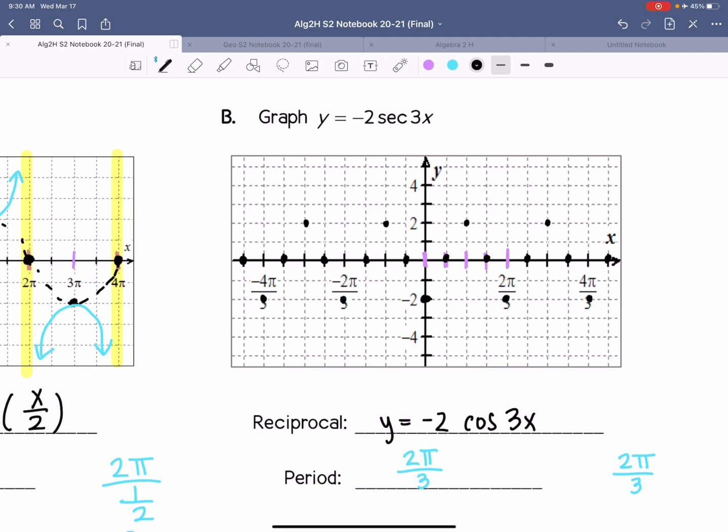Okay, so this is my cosine graph. You're going to connect this with little dots because, again, this is imaginary. This isn't really there. All right. Now we're going to go put in our vertical asymptotes. Every place there's a 0, there goes a vertical asymptote. There's quite a few. We have quite a few periods here.